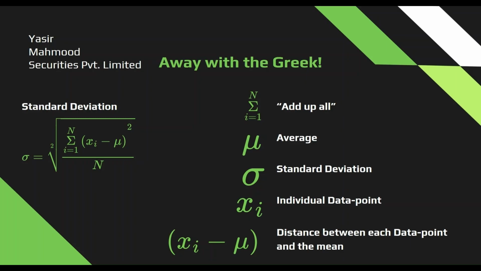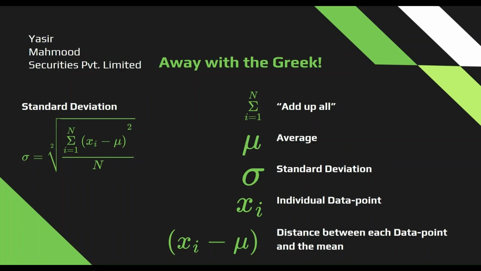If you start reading the equation from left to right, you'll see this O with a line poking out. In Greek, we call this sigma, and sigma is used to represent standard deviation. Now there's the equal sign followed by an under root. The next complicated figure is the n and the rotated m.